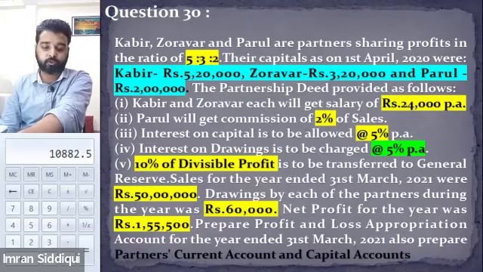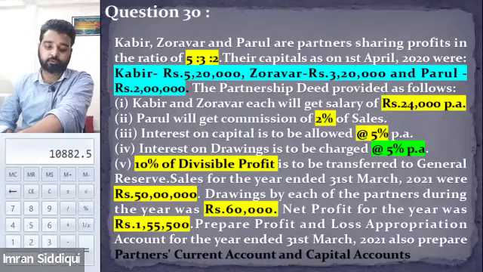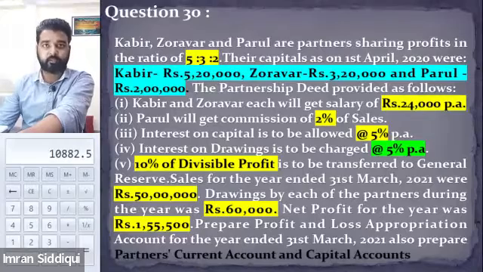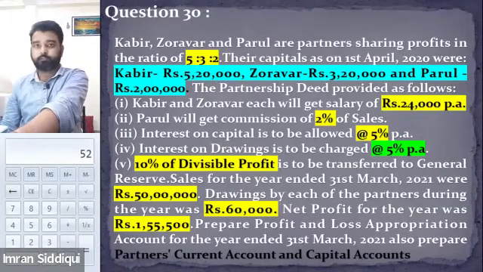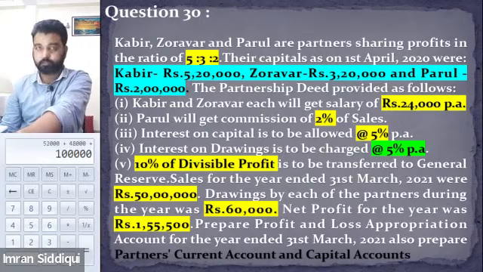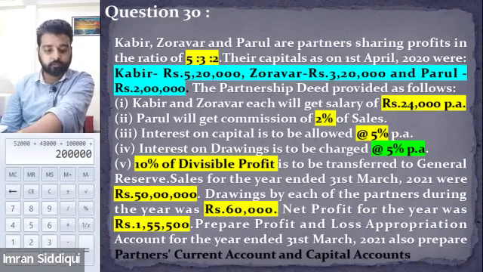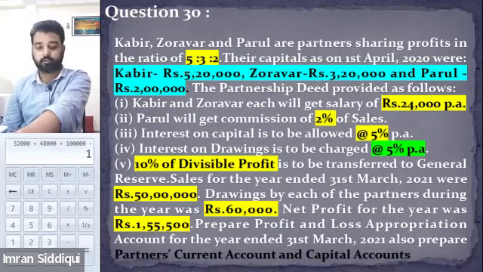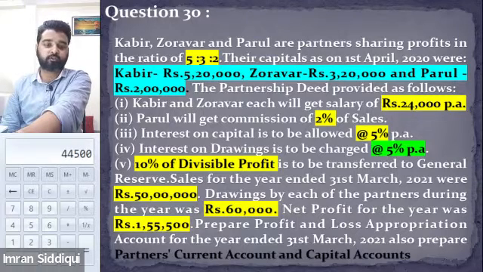So what will be the total value? Interest on capital will be 26,000 plus 16,000, so 42,000 plus 10,000, 52,000. Then we will add 48,000 for salary, so 52,000 plus 48,000, then 1 lakh. So the loss will be 44,500.